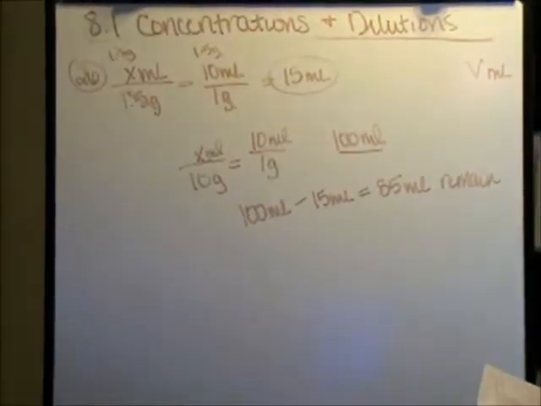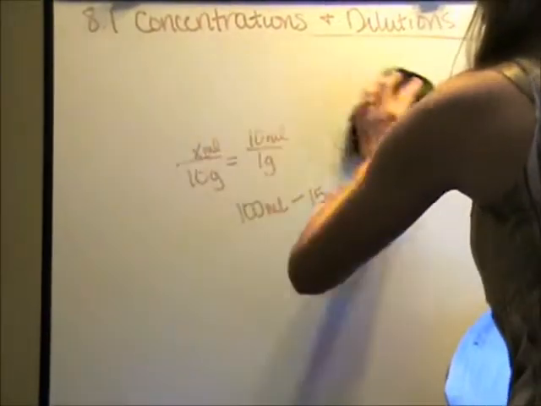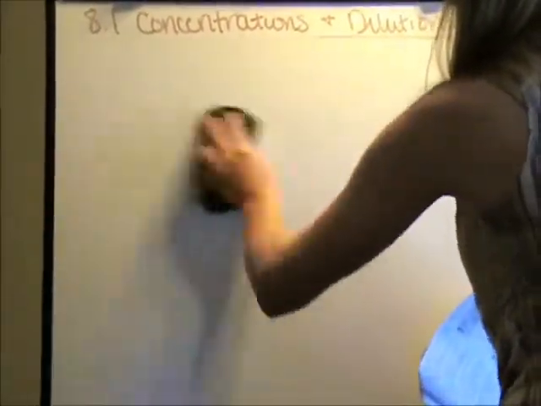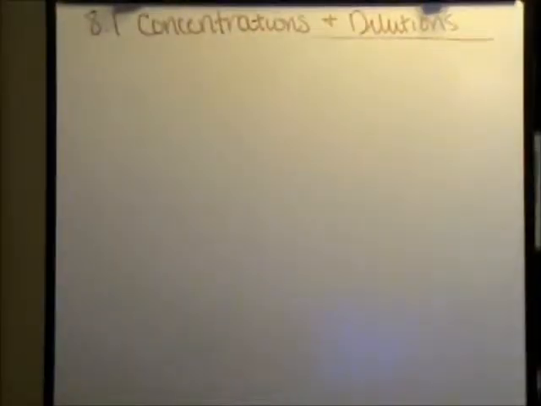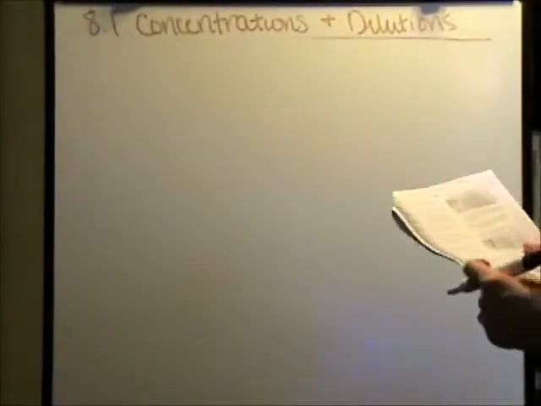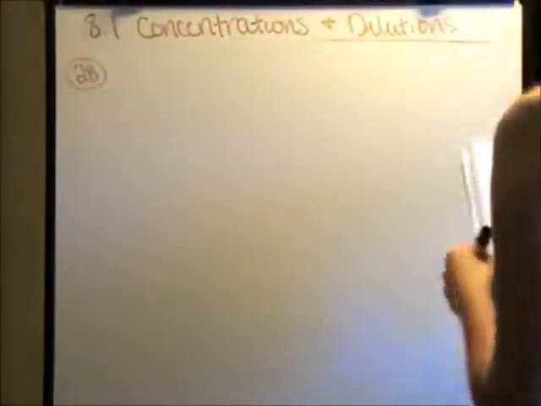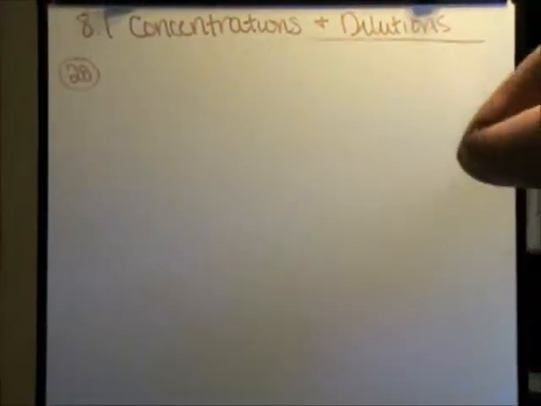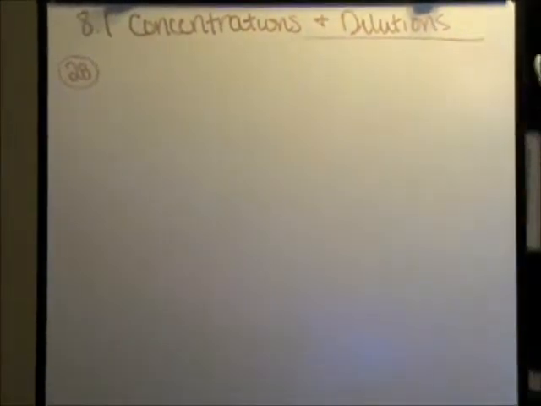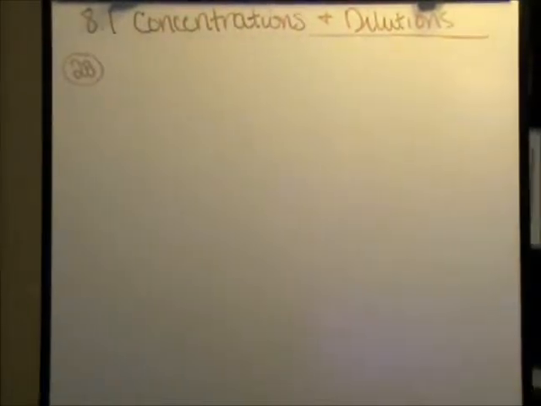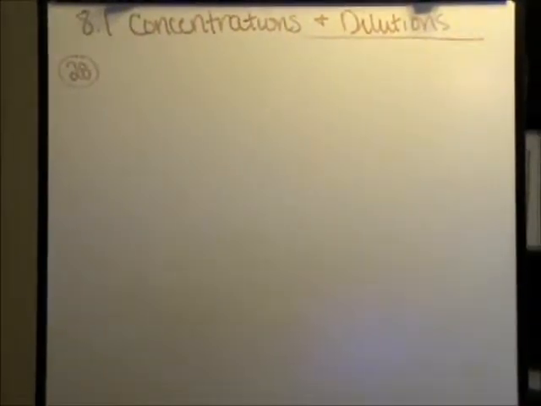Okay, let's do one more. So this one was just a little bit different. Let's go down to number 28. A patient is to take 8 milligrams of dexamethasone in 4 equally divided doses. Each dose is to be diluted to 1 milligram per ml strength and given as a bolus injection every 6 hours.